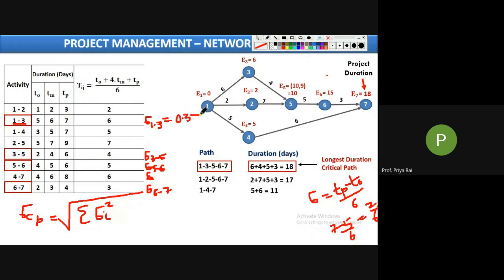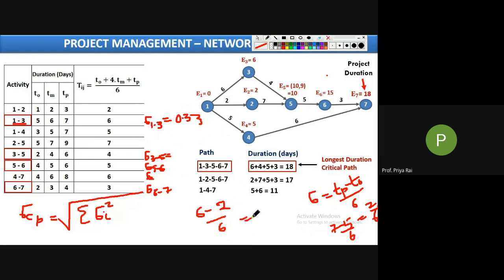Now for sigma 3 to 5, what is the value? See, TP for 3 to 5 is 6, minus TO is 2, so TP minus TO by 6 is 2 by 3. We will be getting 0.67.